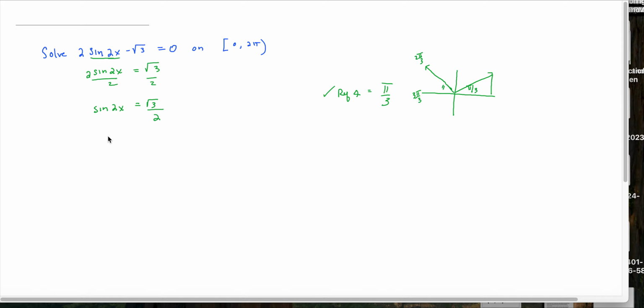So that means that 2x, so sine of 2x equals square root of 3 over 2. So that angle 2x would either be pi over 3, and remember, we can think of any multiple of that. We can continue to add 2 pi to that. So I'm just going to say plus 2k pi, where k is an integer.